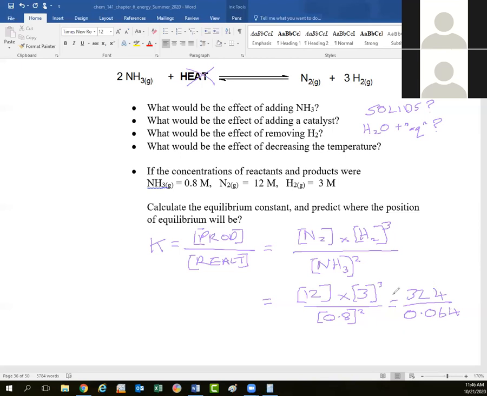And so we can clearly see that we've got mostly products, because it's products divided by reactants, 324 compared to just 0.064. And that therefore gives us a value of 5062.5, the equilibrium constant.